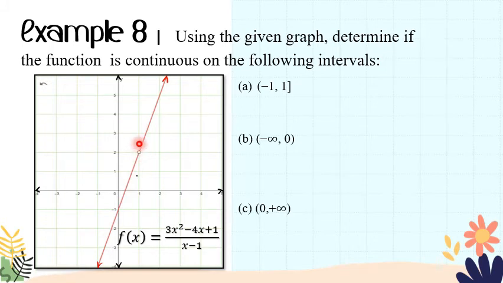Since +1 is included, the hole is included in the interval. And since we have encountered a hole on the interval from -1, not including -1, going to +1, including +1, then the graph is not continuous on the specific interval.